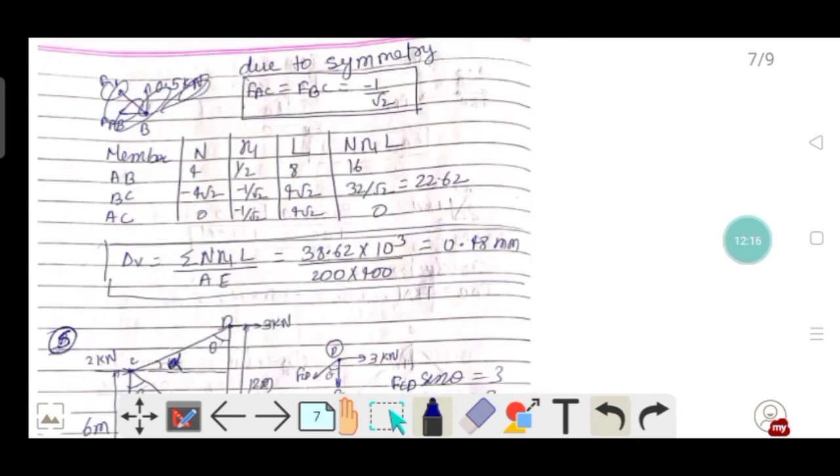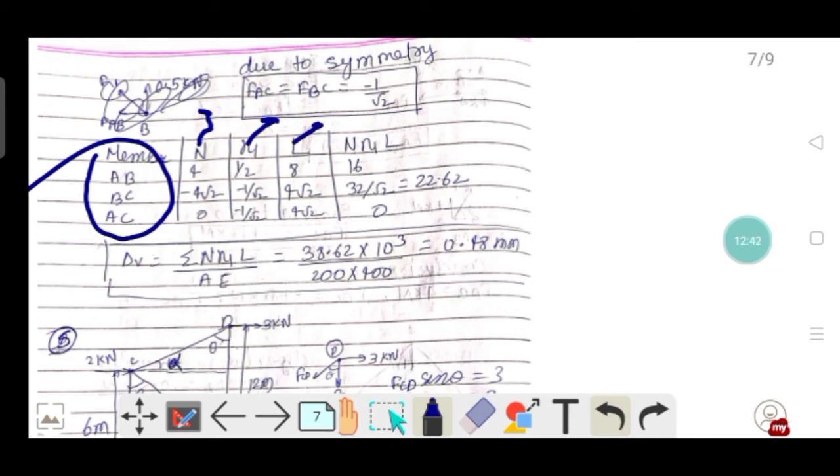So these are the member forces. In a similar way we make 5 columns. In the first column we write the member, and in the second column we write the member force due to external load. In the third column we write the member force due to unit load, and then the length of each member.